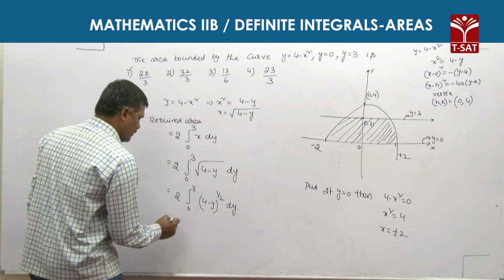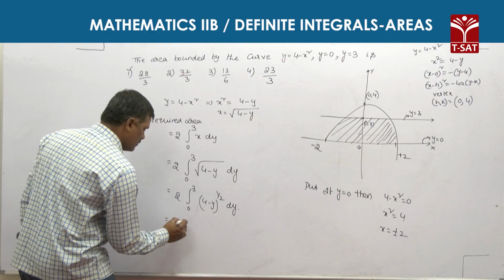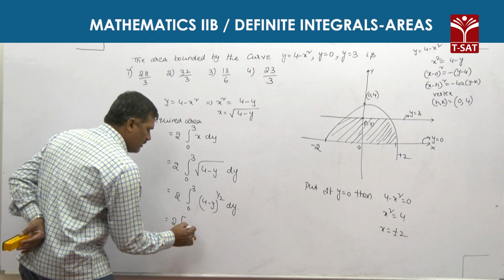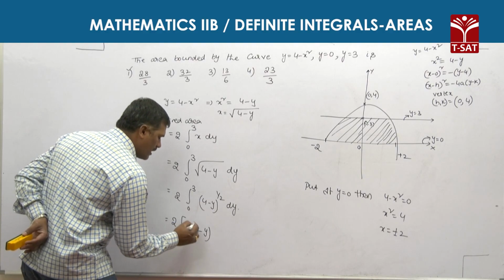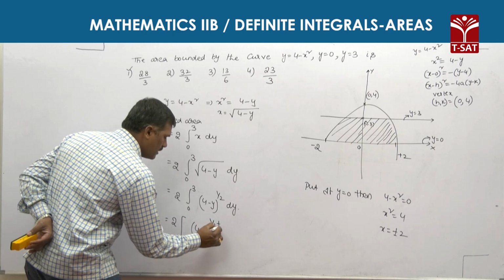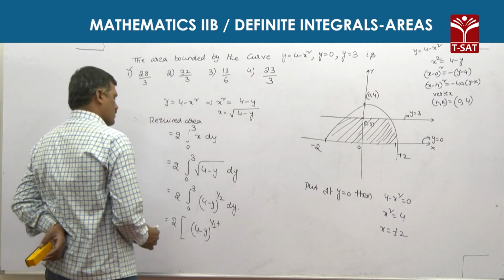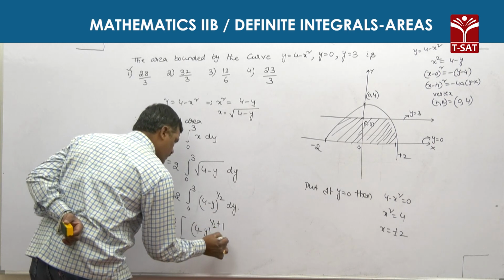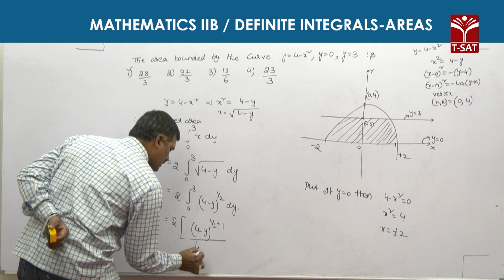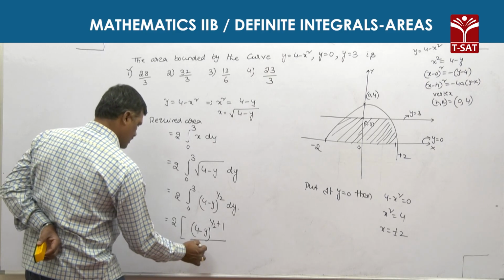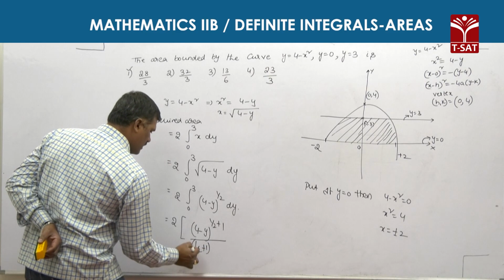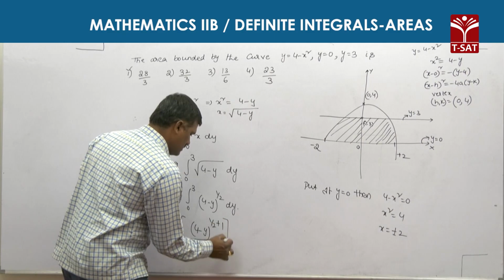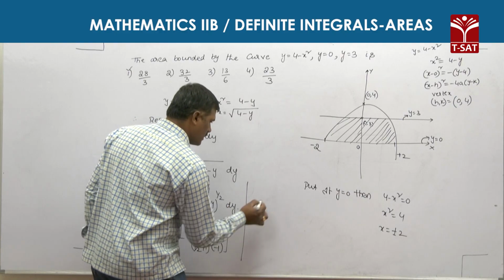That is equal to 2 into, applying integration, 4 minus y whole power 1 by 2 plus 1, divided by 1 by 2 plus 1, into minus 1, because y has a negative sign.